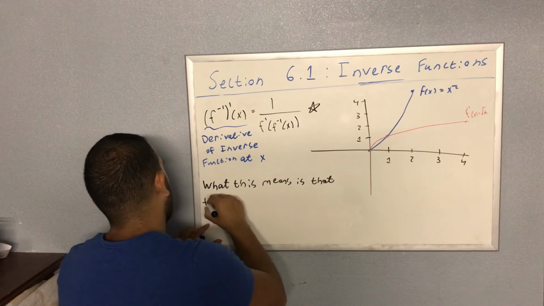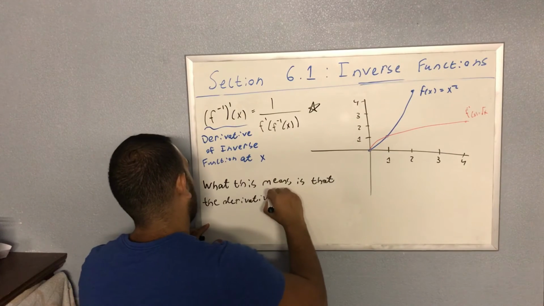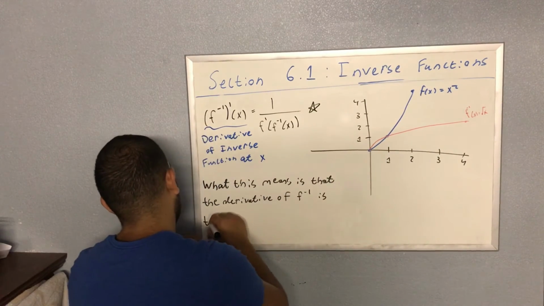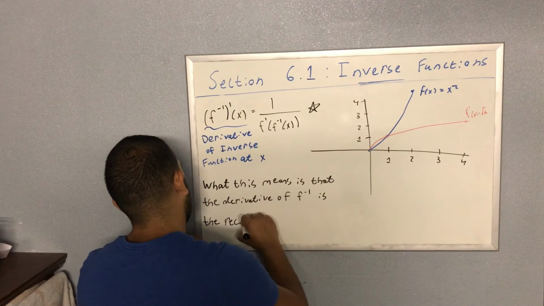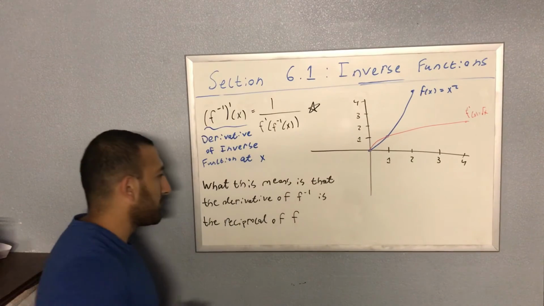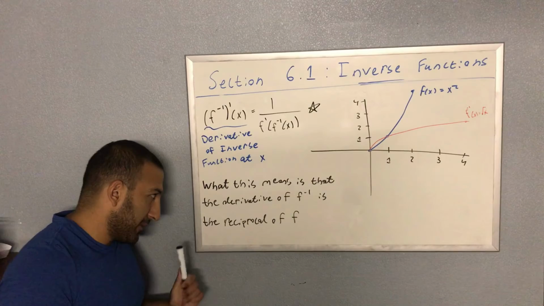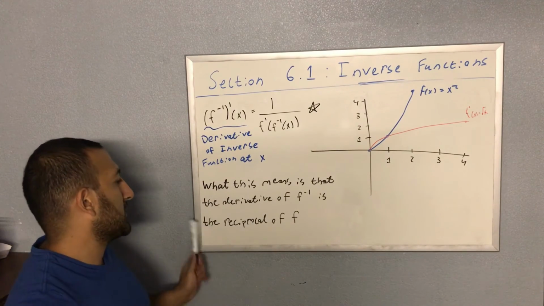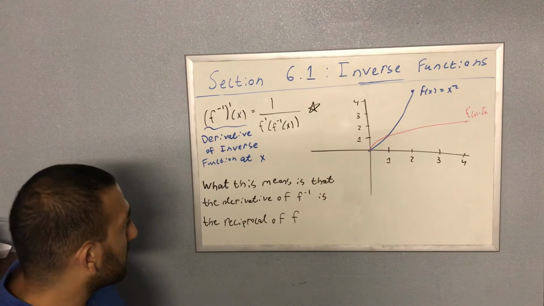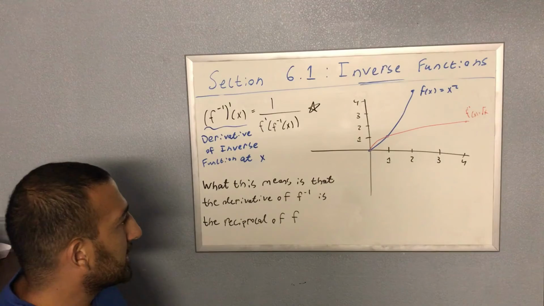So the derivative of f inverse is the reciprocal of the derivative of the original function, and vice versa. So in terms of derivatives, they are actually the reciprocals of each other. And let's see an example of this.